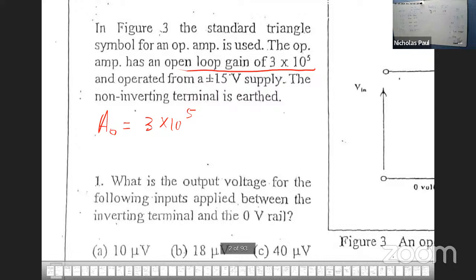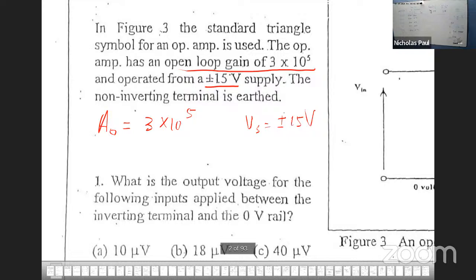That's the gain of the op amp. For this example, the gain is 3 by 10 to the 5, and the supply is plus and minus 15 volts.